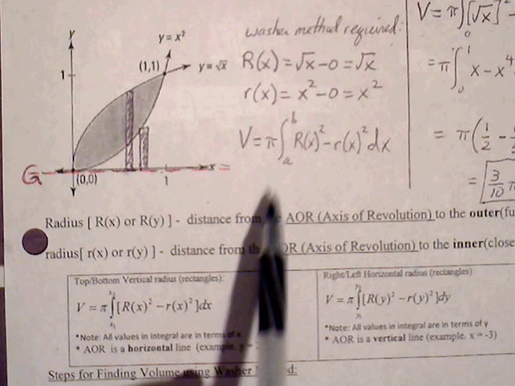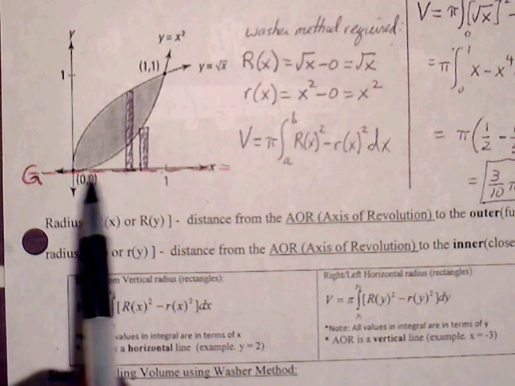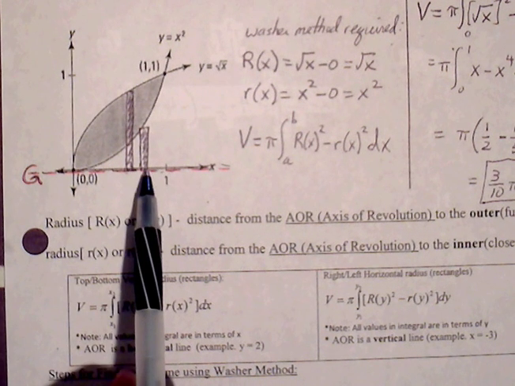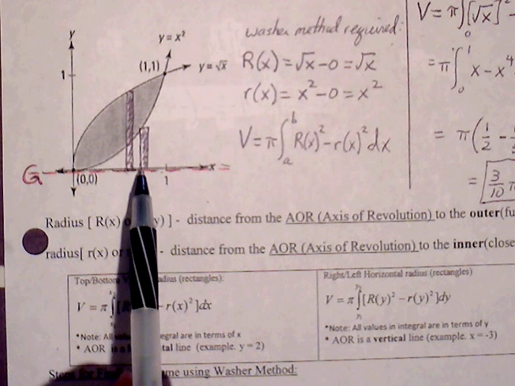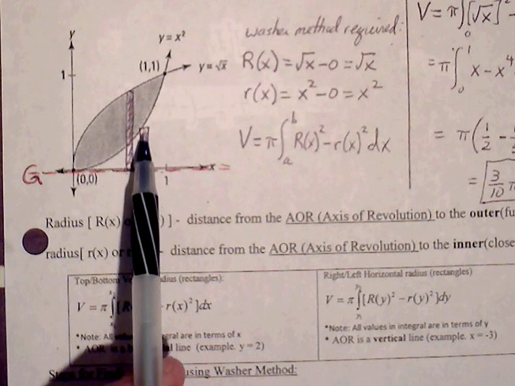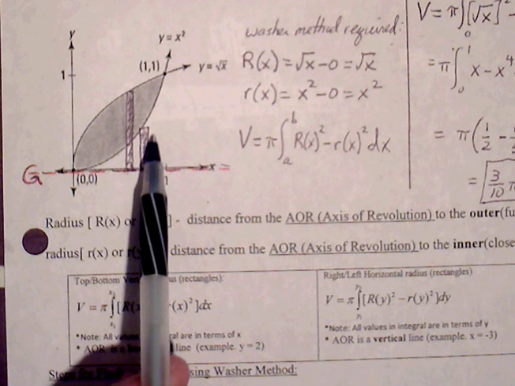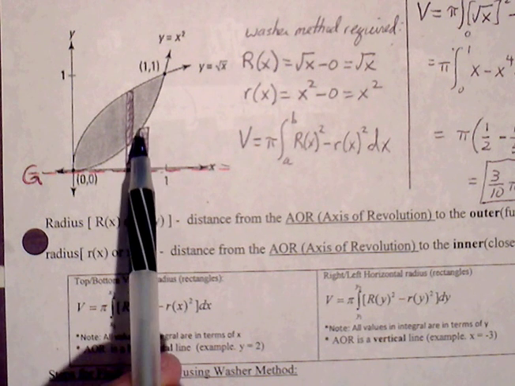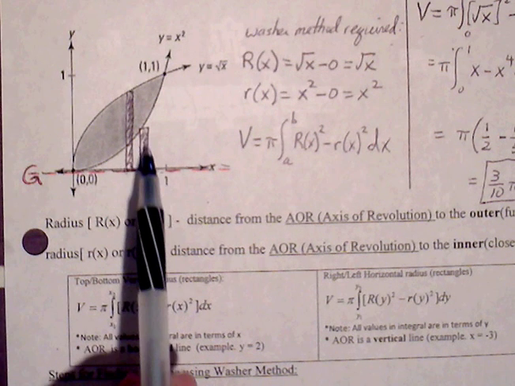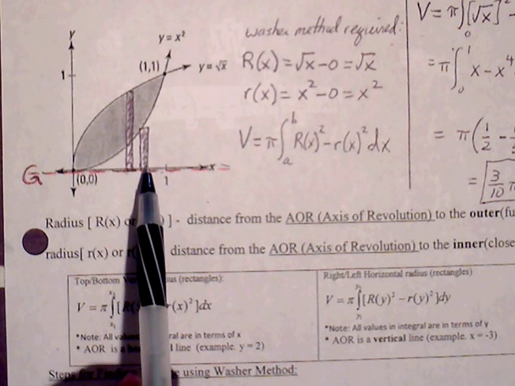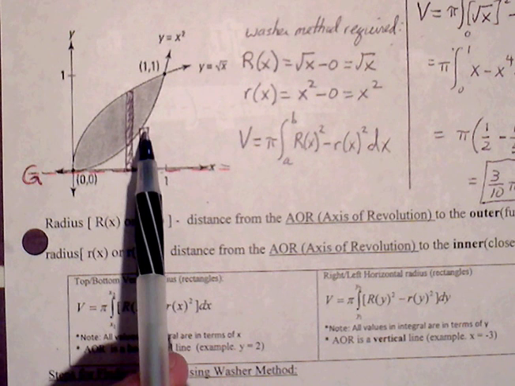Okay. Now, to account for the hole, we're also going to start on the x-axis. We're going to find the small radius by drawing this new radius from the axis to the curve that is closer to the axis. So we see that this will be the smaller radius, and we can also do top minus bottom because we drew vertical rectangles.